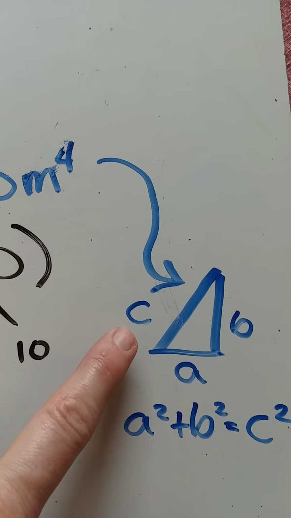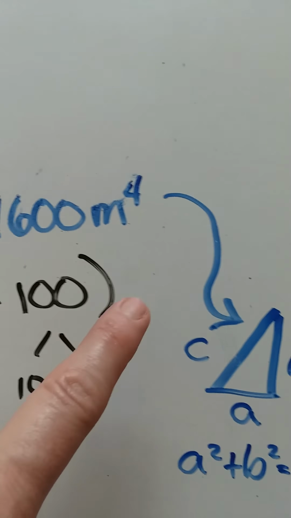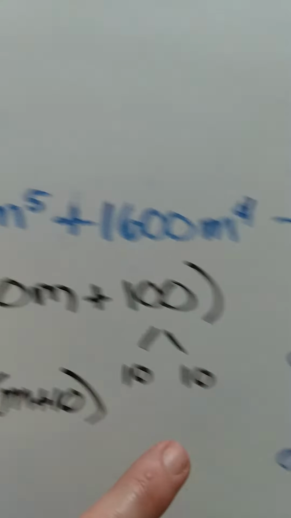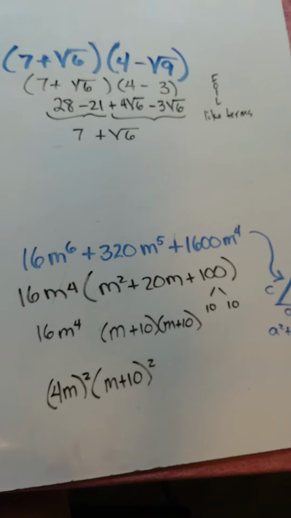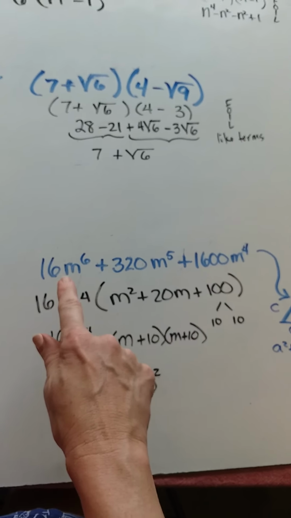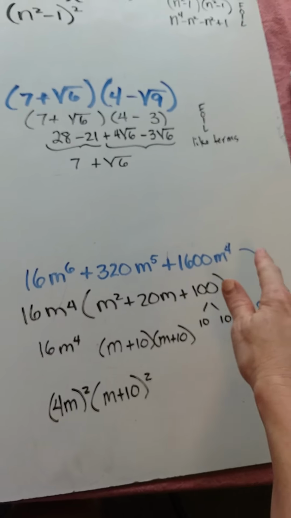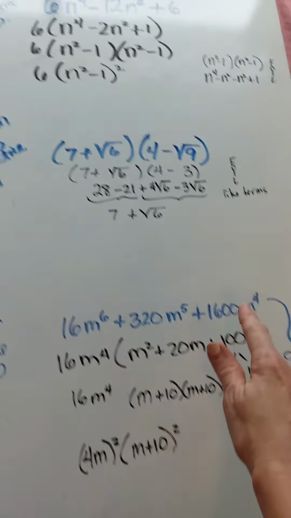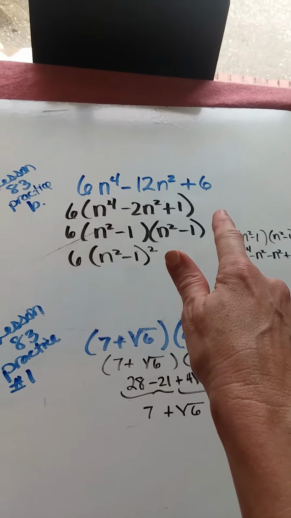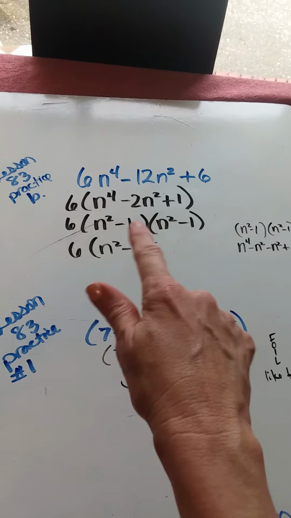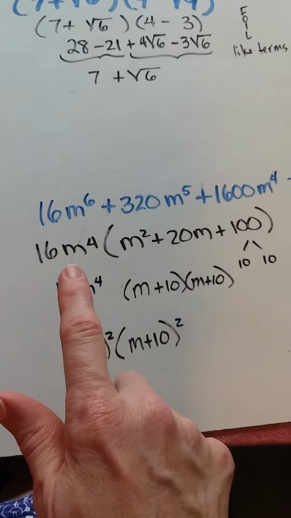And so what we have in this problem right here is c squared as the hypotenuse. So knowing that, they gave us this equation, and all we're going to do is the same thing that we did right up here. We're going to take whatever we can, factor it out, and then see if we have something that we can factor a little further.